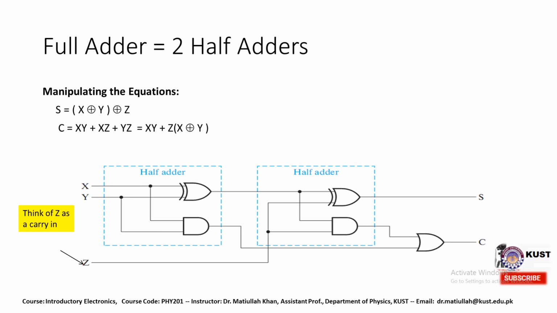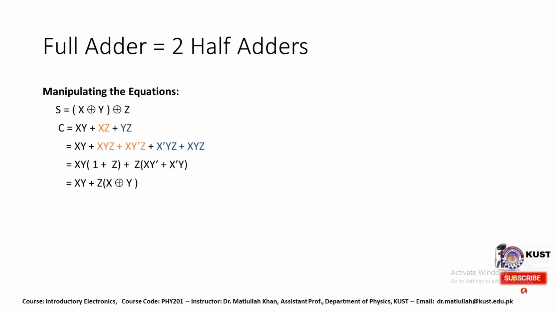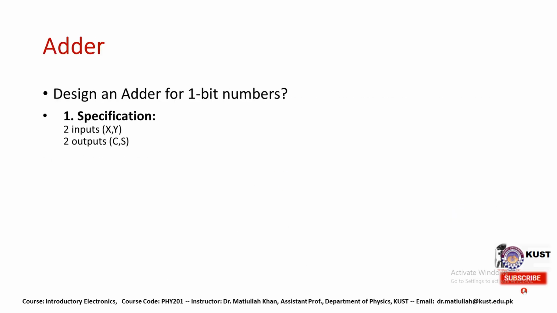So the full adder has three input values, while the half adder has two input values.